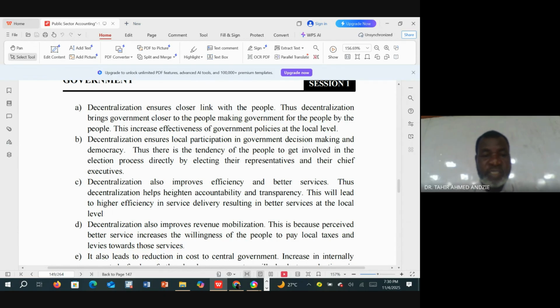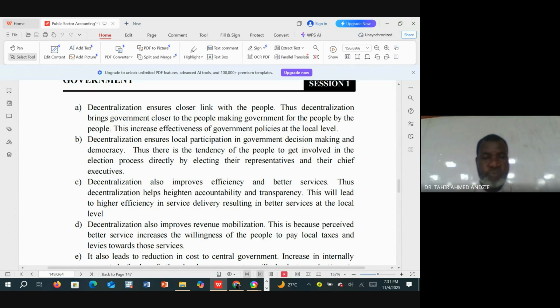So decentralization brings government closer to the people, making government for the people, by the people. Remember, we are talking of democracy, government for the people and by the people. So if you want to ensure democracy, then definitely decentralization becomes the option, because the central government will be far remote from the local people.